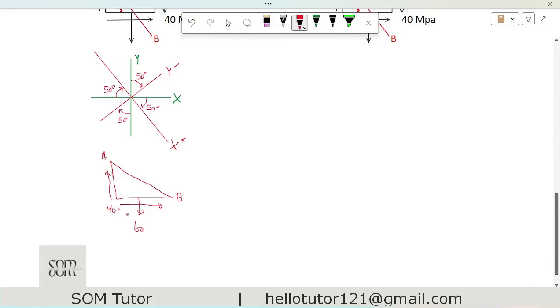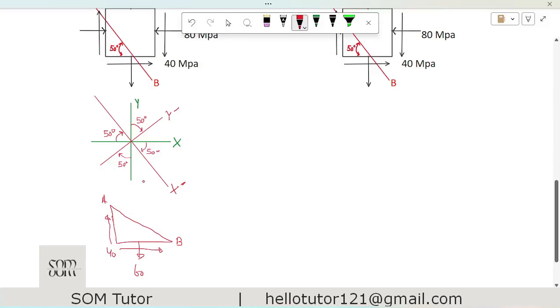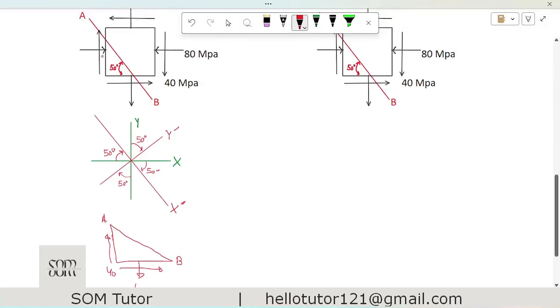Both of them are 40 megapascal. Now this one is 80 megapascal. And this is the y prime, so y prime is going to be here.